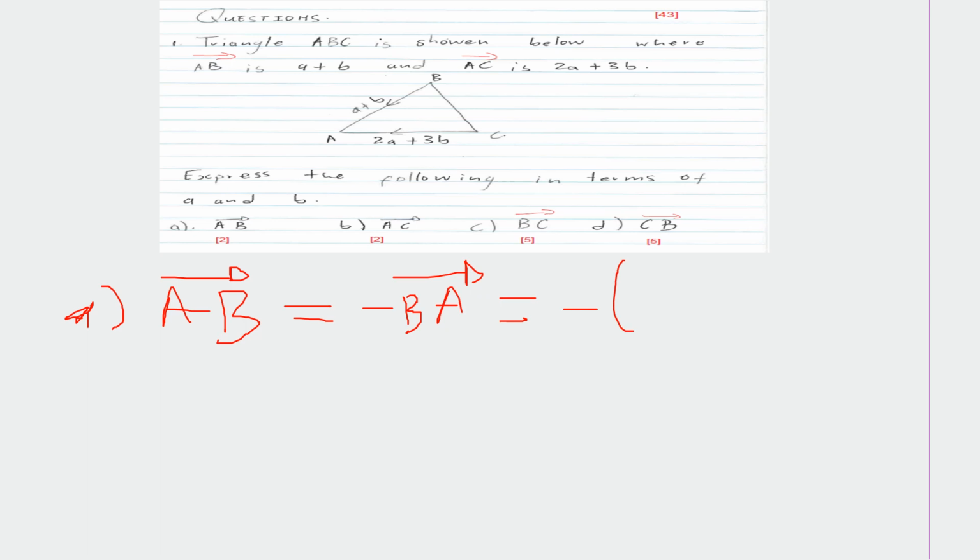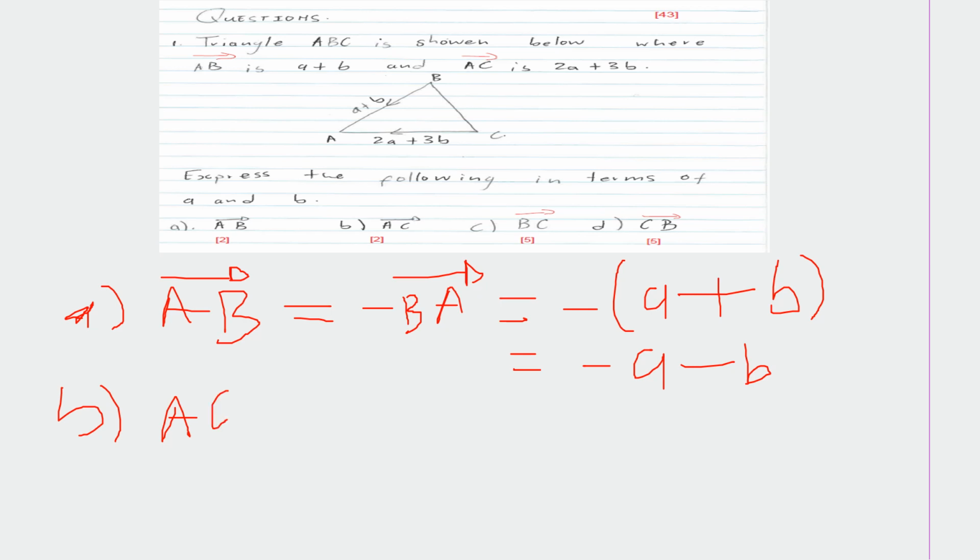BA is A plus B. So now the vector AB will be minus A minus B. When you go to number B, we're looking for AC. We're going to do the same.